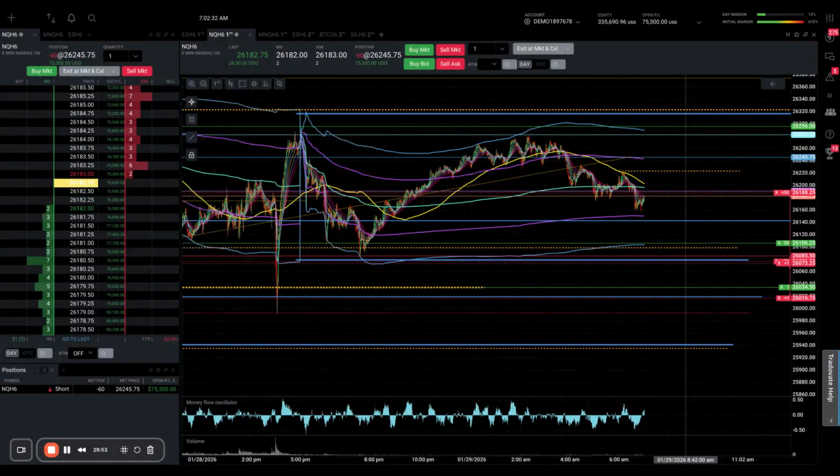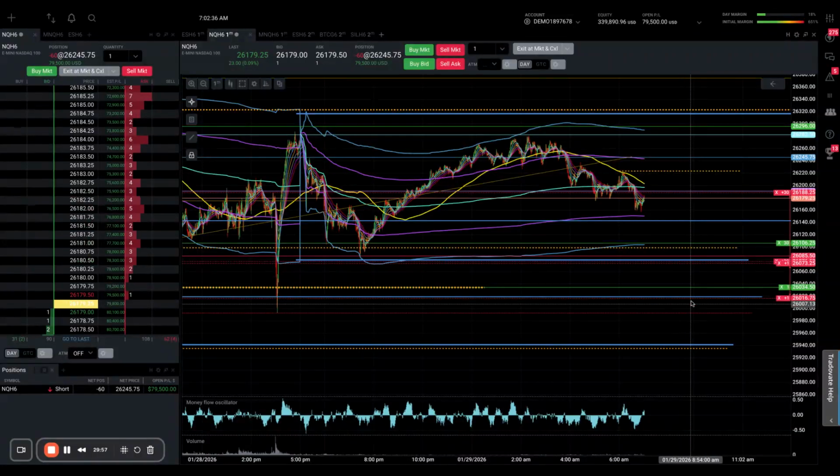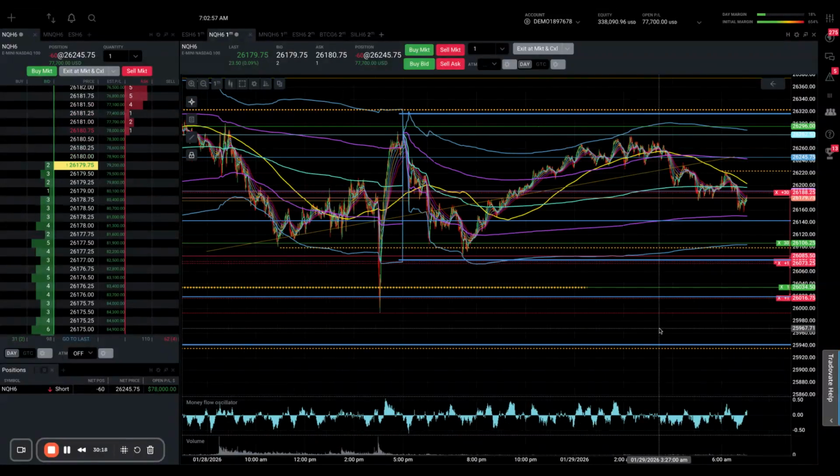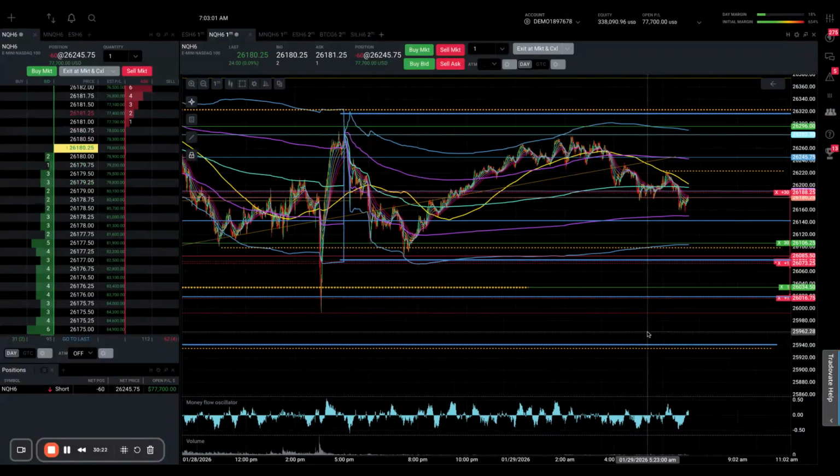So with that being said, 26,100, that's our key zone. Best buy zones are going to be potentially around 26,034 and or 25,032 to 25,000, 950, 960. So look for those areas for buys.